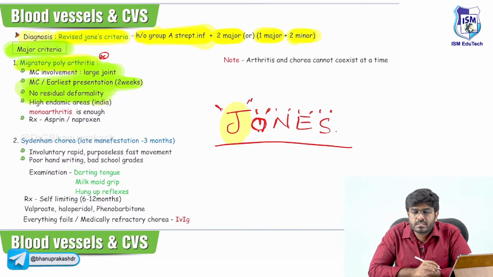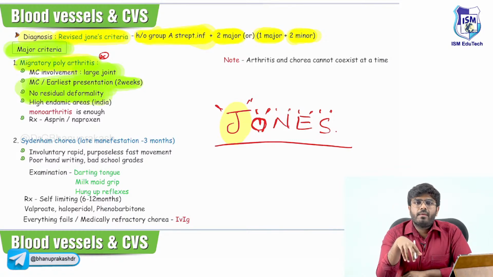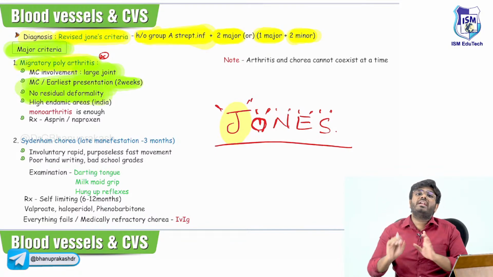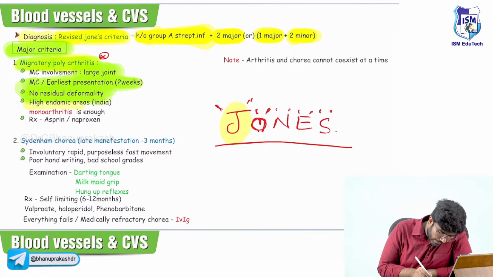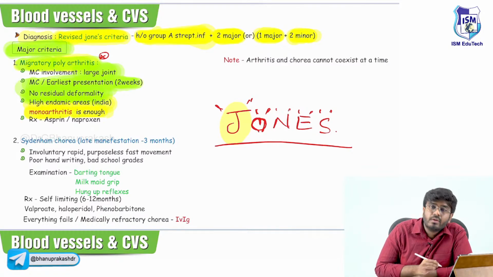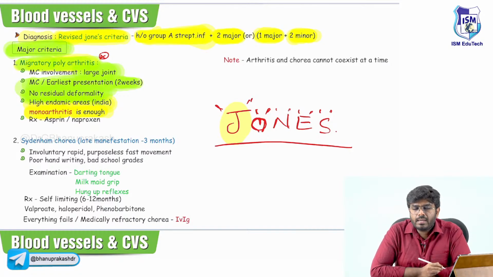But in India, where cases of rheumatic fever are more common, even monoarthritis is enough to be taken as a major criterion. No need to wait for multiple joint involvement; even if one joint is involved, you can consider it a major criterion in high endemic areas like India.